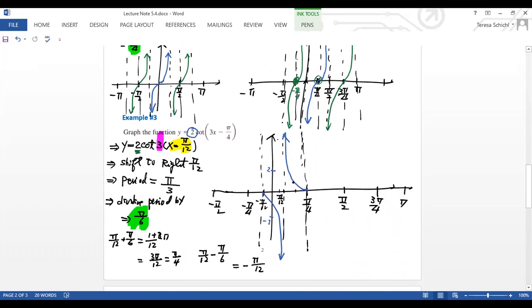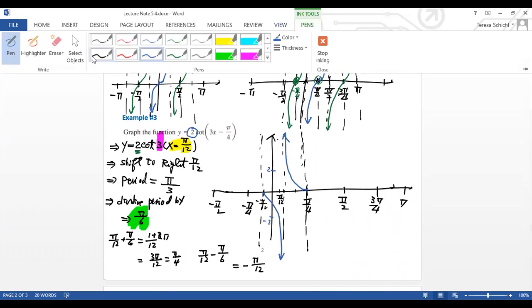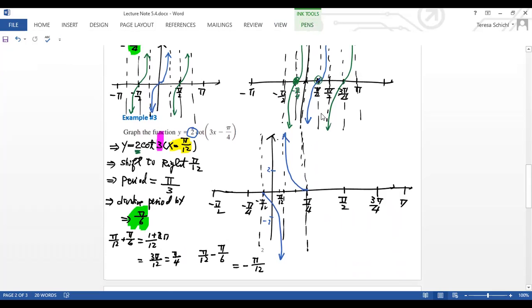If you want to plot several points, you can do it like this. You can have 5 pi over 12, a little bit in here, and you just continue.